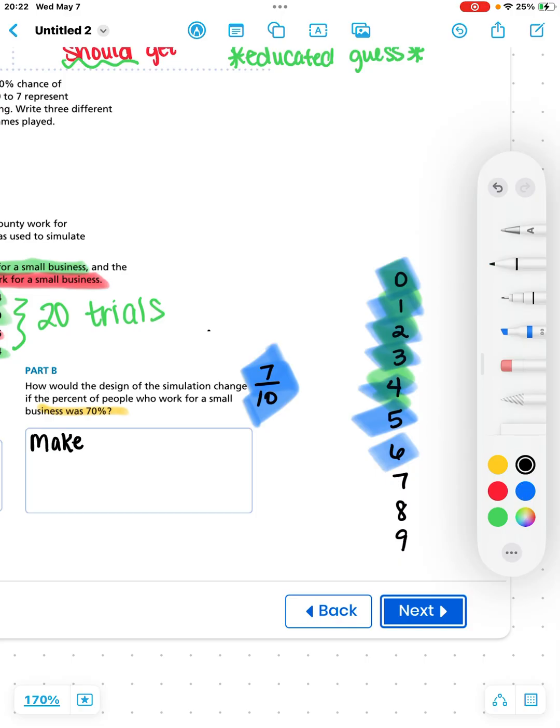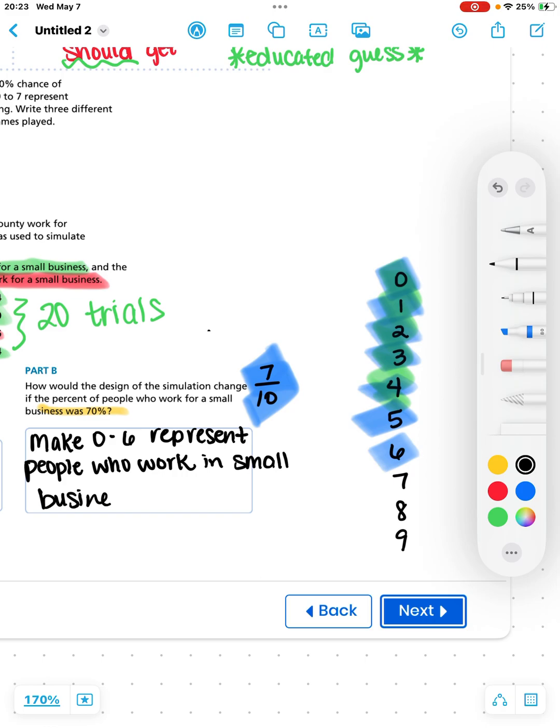Make 0 to 6 represent people who work in small business. And you're doing that because if we need a 7 out of 10 probability, that means we have to include 7 out of 10 of my options, which is what that does.